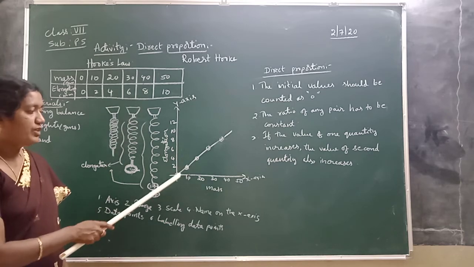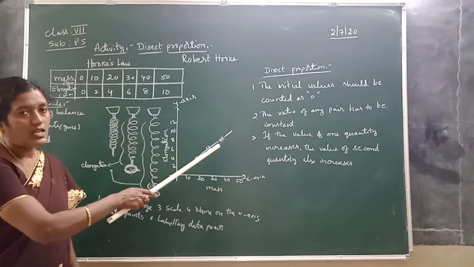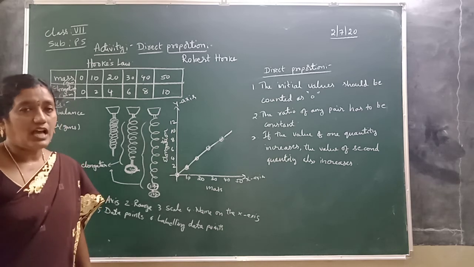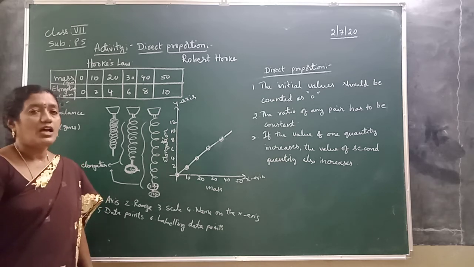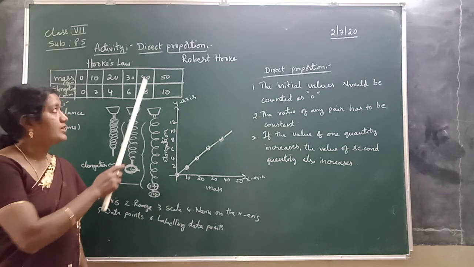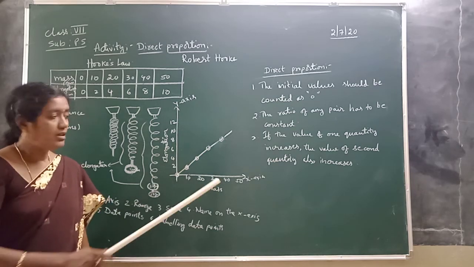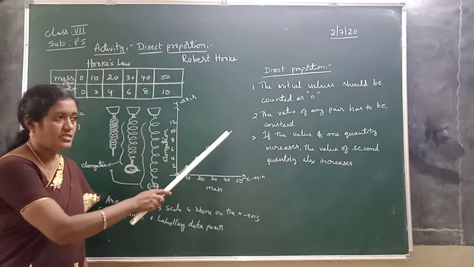Labeling data points. We have labeled the points on the graph and we have got a straight line. This straight line graph indicates that the quantities given in this problem are in direct proportion. Children, here we have got a straight line.